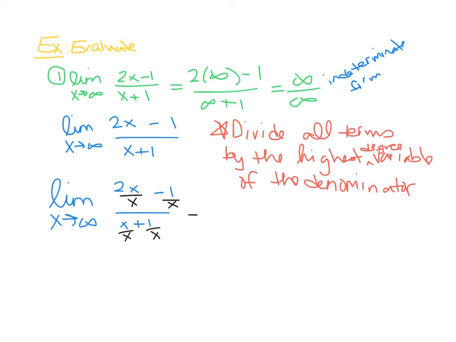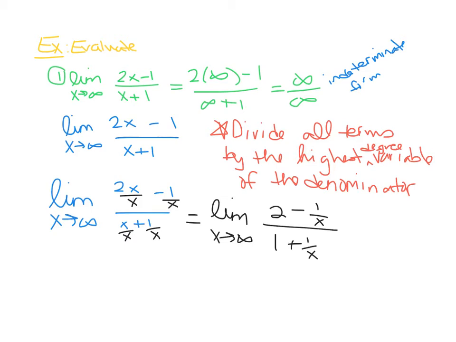So then from there, I can rewrite this equation. In my numerator, I end up with 2 minus 1 over x. Denominator, I end up with 1 plus 1 over x.